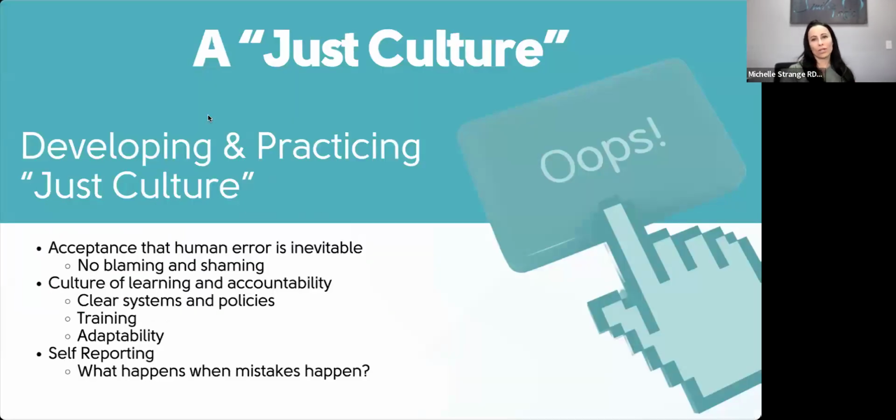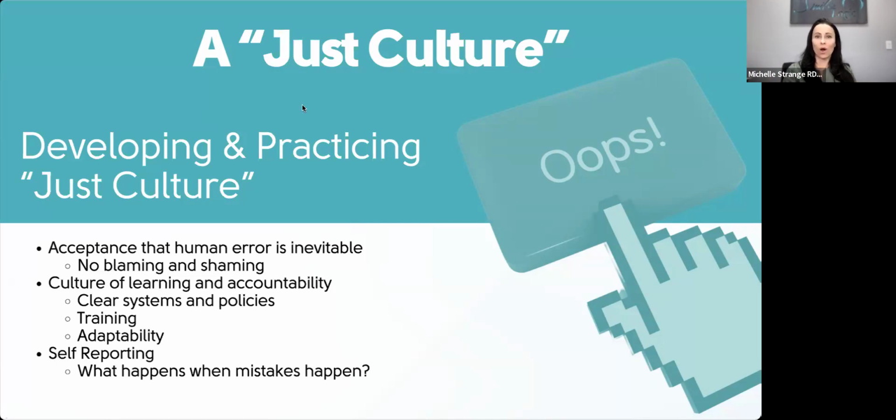And I do want to expand just a bit more on the idea of a just culture. So a just culture is not about letting people off the hook or ignoring mistakes. It's about holding people accountable, but in a way that helps them and the entire team grow from this. So when we ask things like, what led to this error?